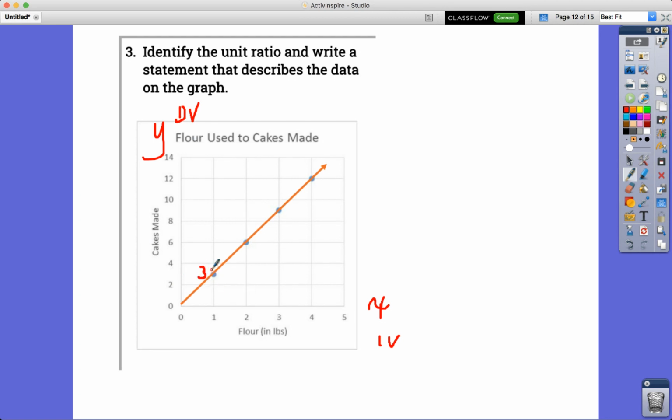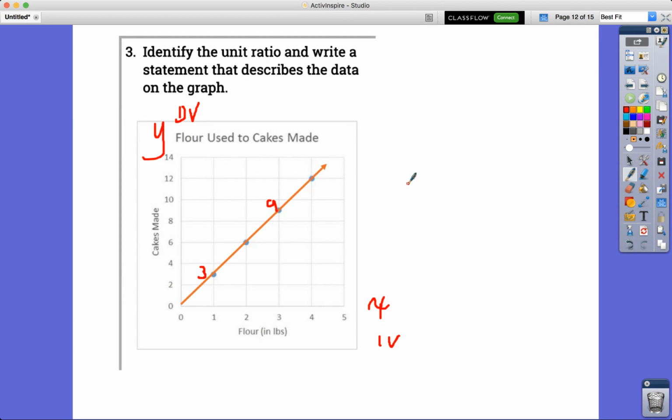So that means my next XY coordinate should be indicating that my cakes should be 6. So when I have 2 pounds of flour, sure enough, I have 6 pounds of cake. When I have 3 pounds of flour, well, if it's increasing by 3, this should be 9. And sure enough, halfway between 8 and 10, this is going to be 9. And when I have 4 cups of flour, 4 times 3 is 12.